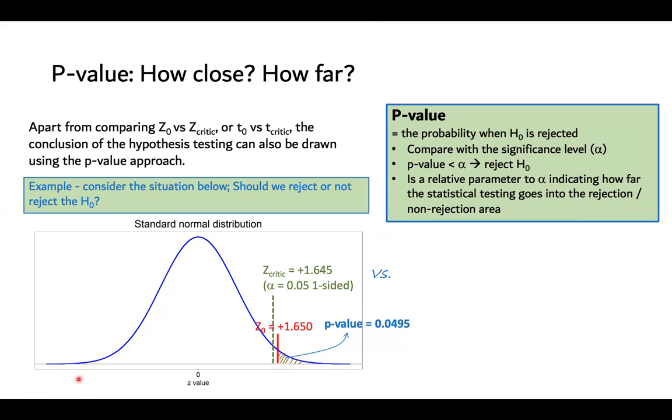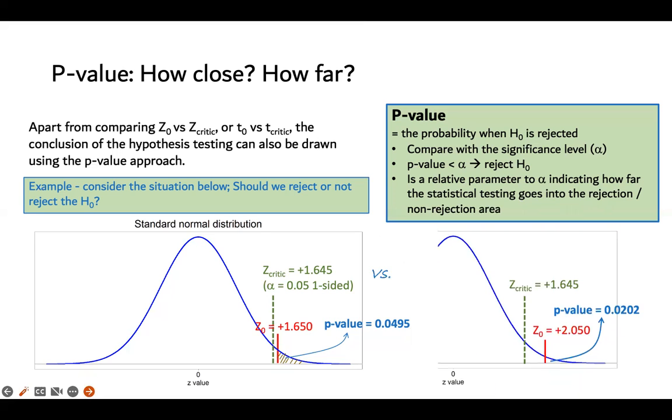Okay, so let's go to the next page. Later on, if we compare it with the next one, let's say we calculate our Z value from the sample and it is 2.050, and then we can calculate the p-value.